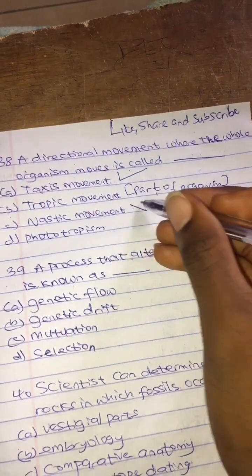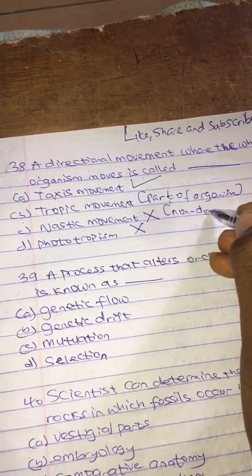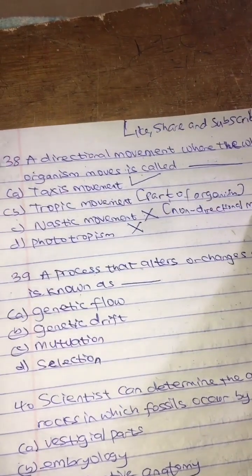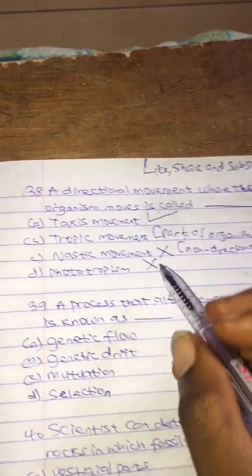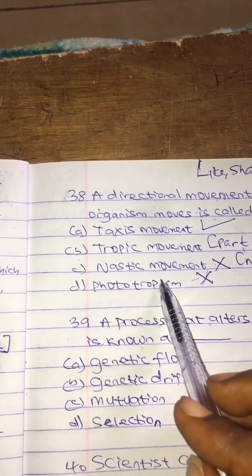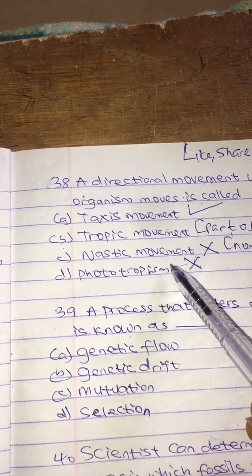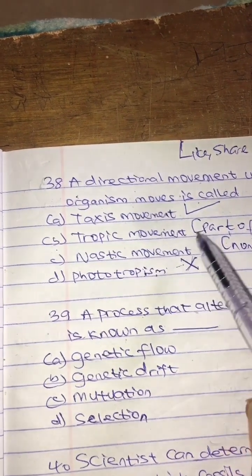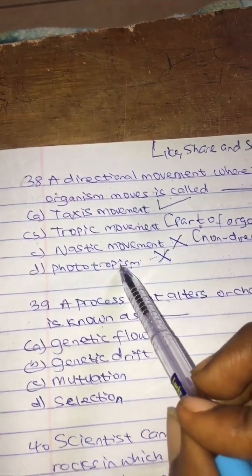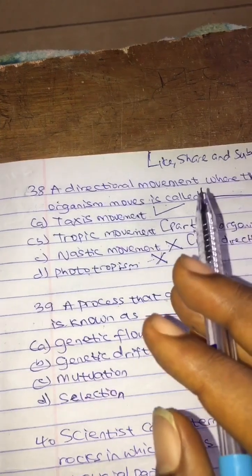Nastic movement is non-directional movement. These two are directional movement and non-directional movement. Phototropism is out. If we want to define phototropism, we will say that it is the process in which parts of an organism move in the direction of light, because photo means light. I hope you understand that now.